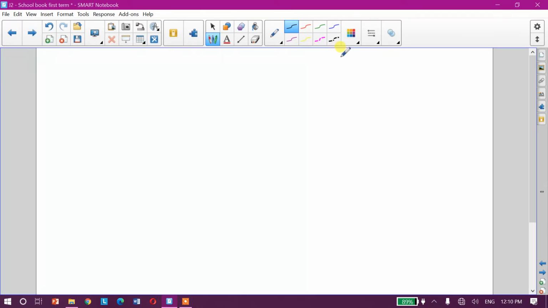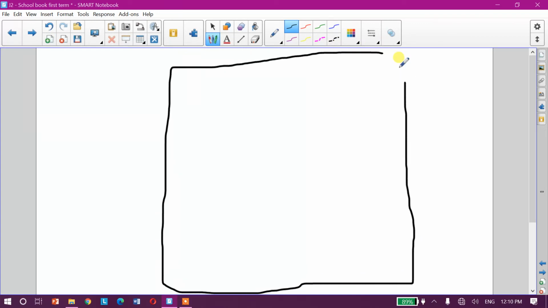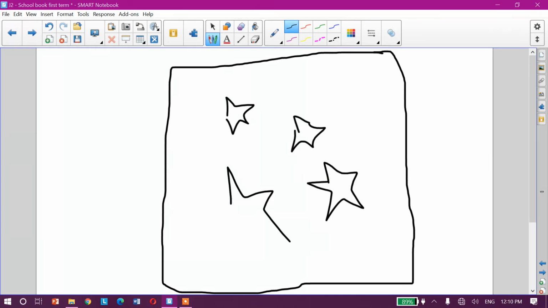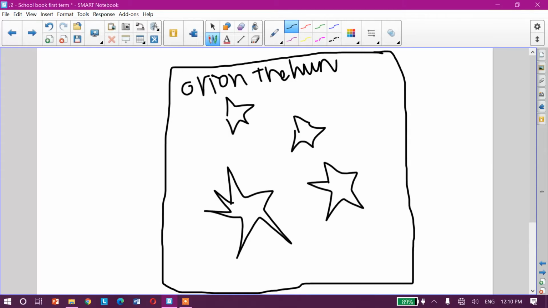You will make this on a cardboard, using sticky stars like this, and you will form the shape of Orion the Hunter with these sticky stars. Okay, you will write here Orion the Hunter and you will answer all the questions I wrote.